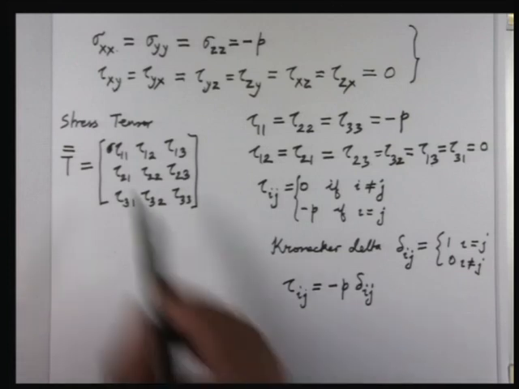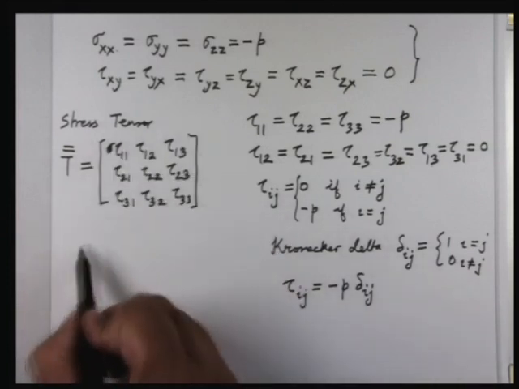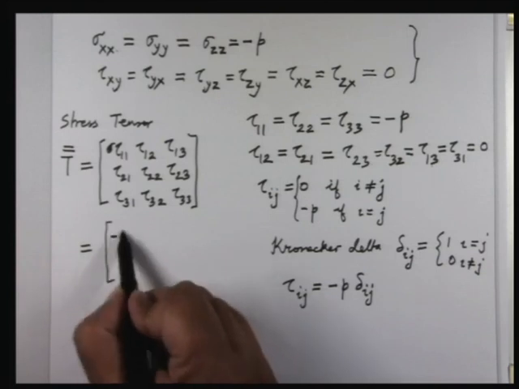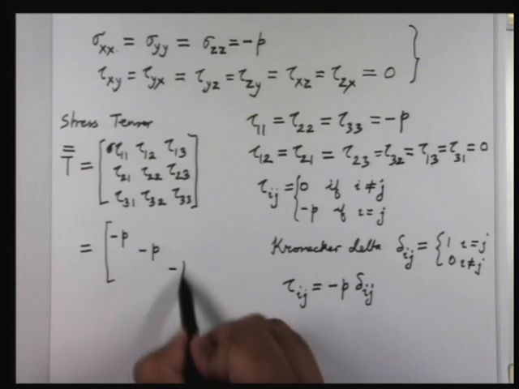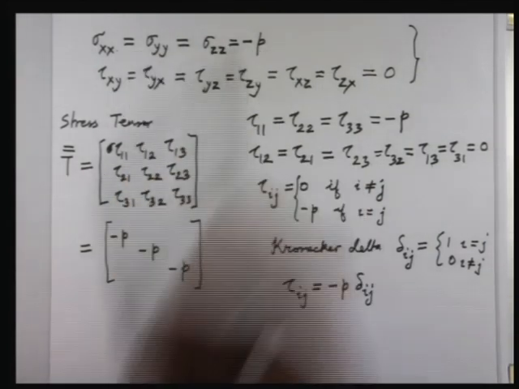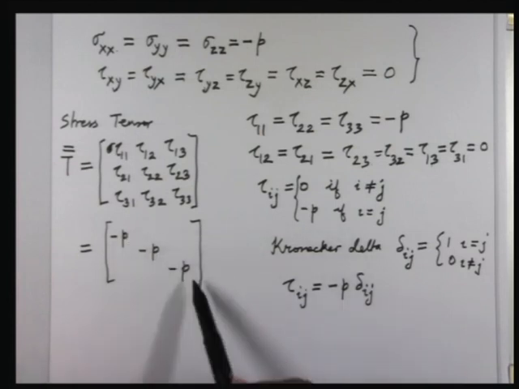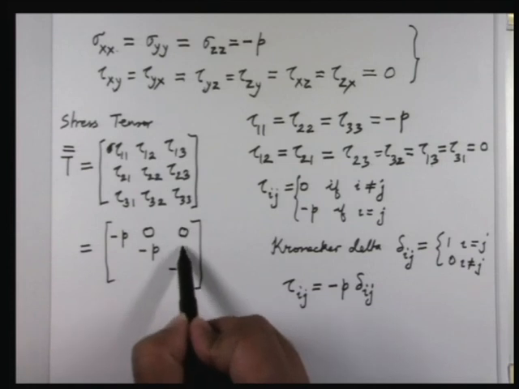Now, I have arranged this in the form of a matrix over here. This tau 11 is minus P, so all the diagonal elements are minus P because they represent the normal stress which is negative. So P is positive here, and the off-diagonal elements which represent shear are all 0.